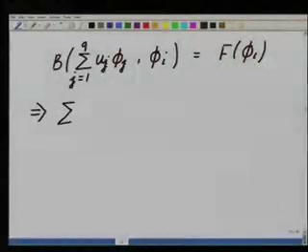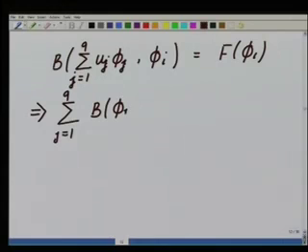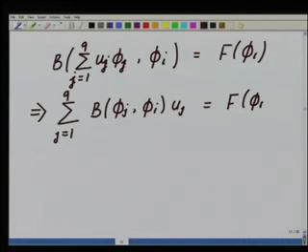Now, since this is bilinear, by the definition of a bilinear function, the summation over this coefficient uj can be taken out. So, this is equivalent to writing the sum of j equal to 1 to 9 b of phi j, phi i, whole thing multiplied by uj, is equal to f of phi i.